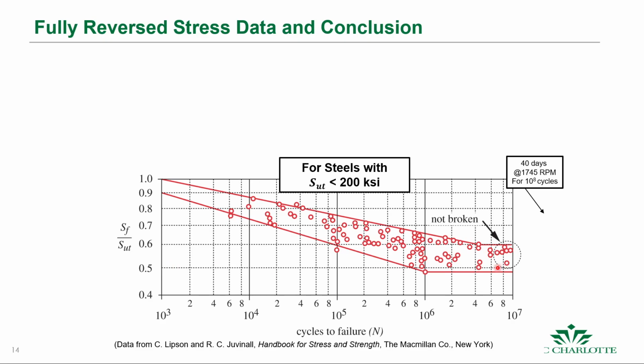Okay, so this tells us something right off the bat, that if we choose a fatigue strength that is half of the ultimate tensile strength, and if we don't exceed that for fully reversed loading, we should get an indefinite life.